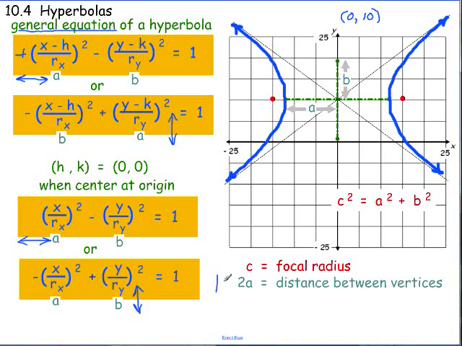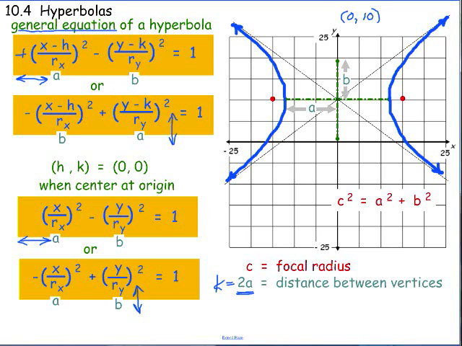We know that the constant, when we talk about this geometrically, the absolute value of the difference between the distances of any point on the hyperbola to the foci is unchanging, and it is equal to the length of the transverse axis.